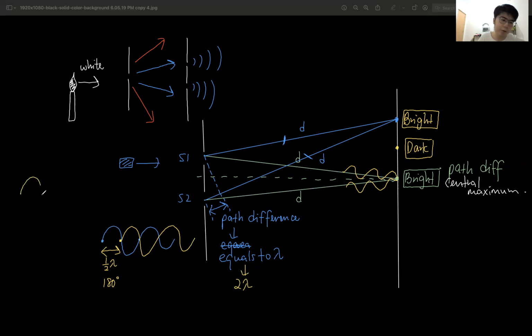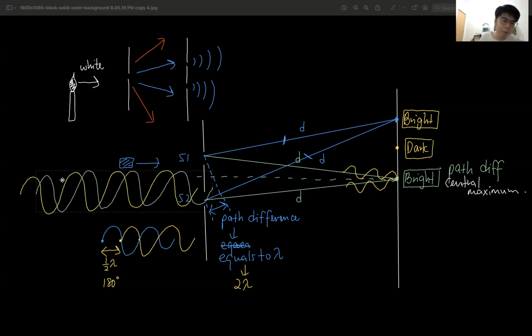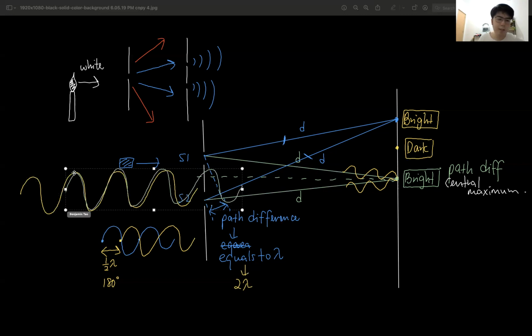If I draw the wave like this, one wave, another wave, zero path difference. If I bring it to the back like this, this is one wavelength path difference, and if I bring it again like this, this is two wavelengths, but it's the same.